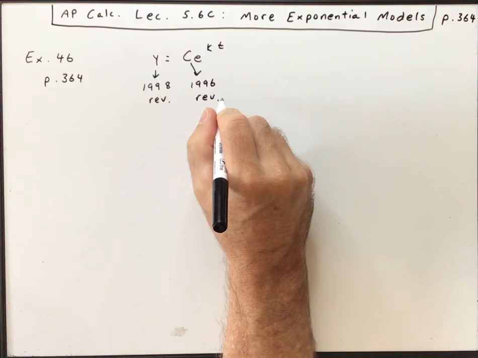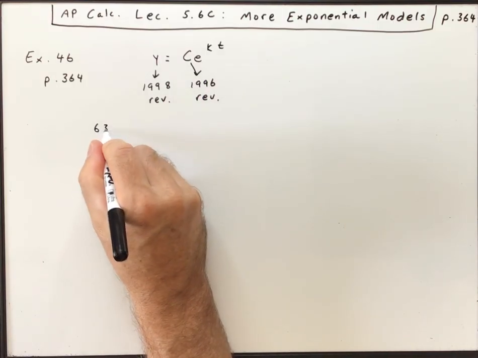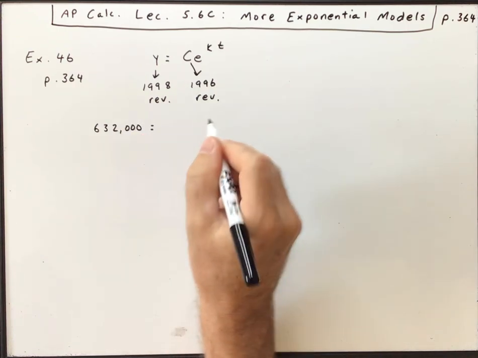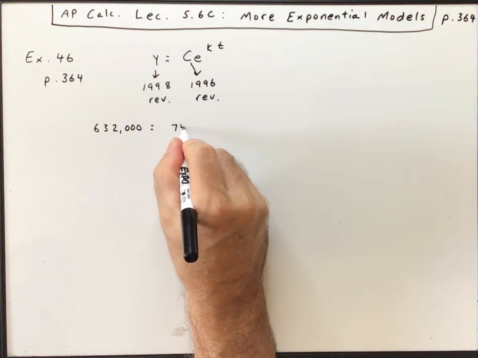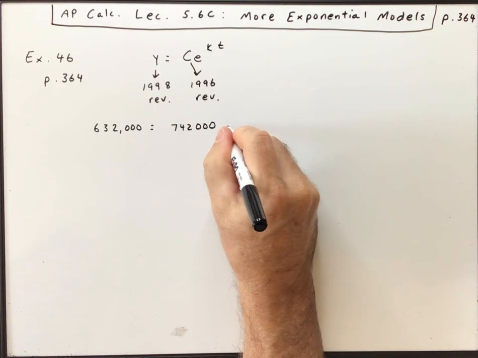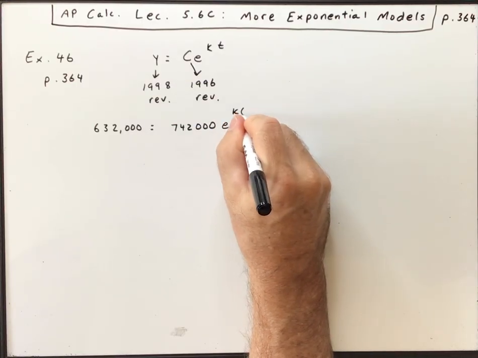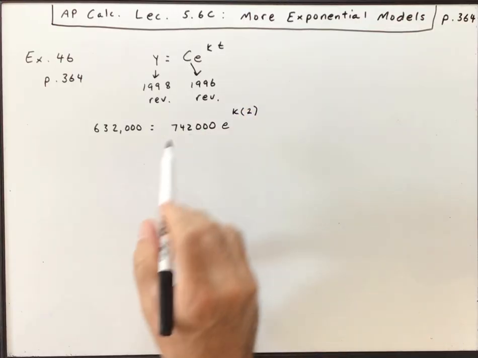So our 1998 revenue is $632,000. That equals the 1996 revenue, which is $742,000, times e to the k. We don't know k, we're going to figure that out. And then there's 2 years difference between those two numbers.